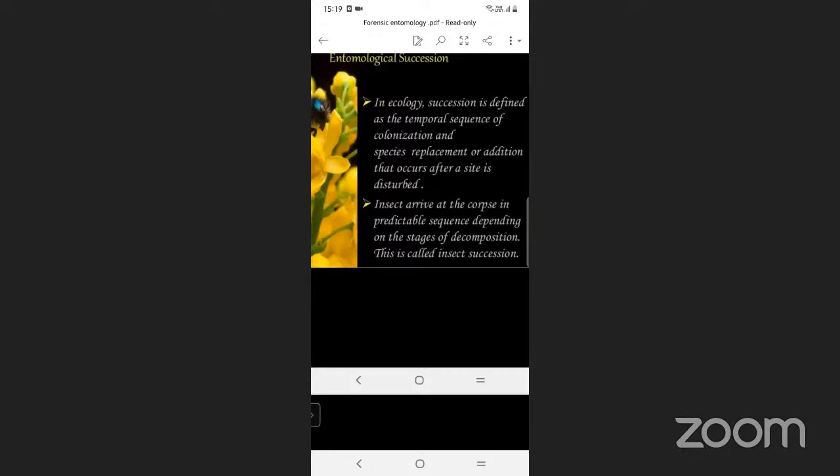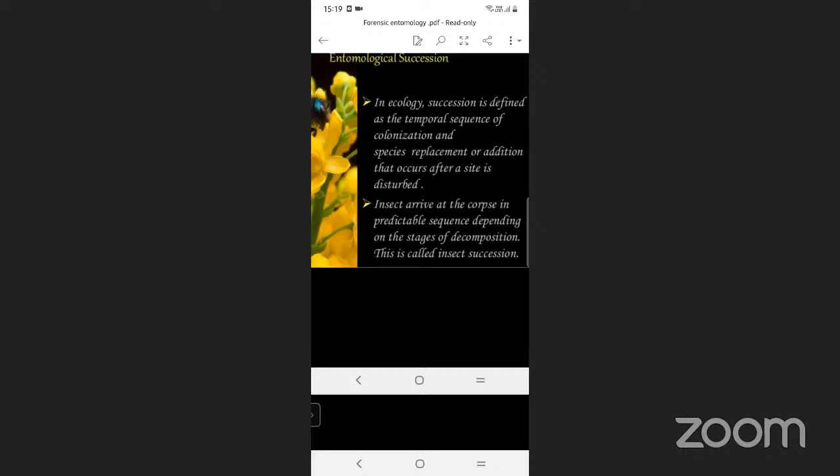This is called insect succession. It means we have to know which insect will come after how many days of the dead body lying. Each insect's life cycle will be completed, then another one will visit and complete its life cycle.